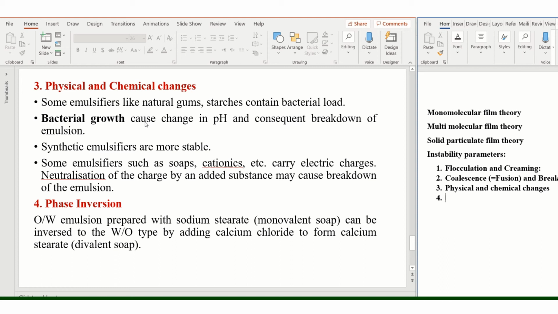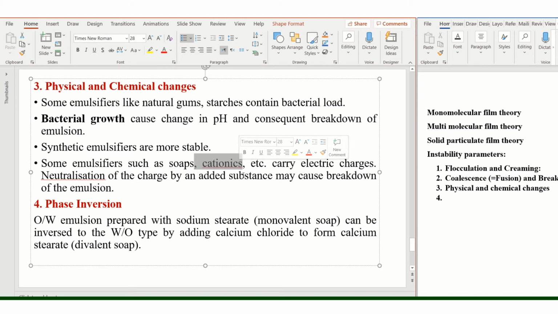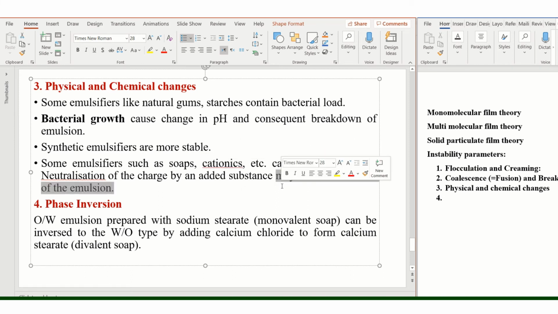And again, the important thing we need to note down is, if we are using emulsifying agents like cationic or anionic emulsifying agents, we need to be extra cautious, because if any substance that we add, like a preservative or flavoring agent, any agent that we add to make up a formulation, neutralizes the charge of the cationic emulsifier, it causes the breakdown of the emulsion.